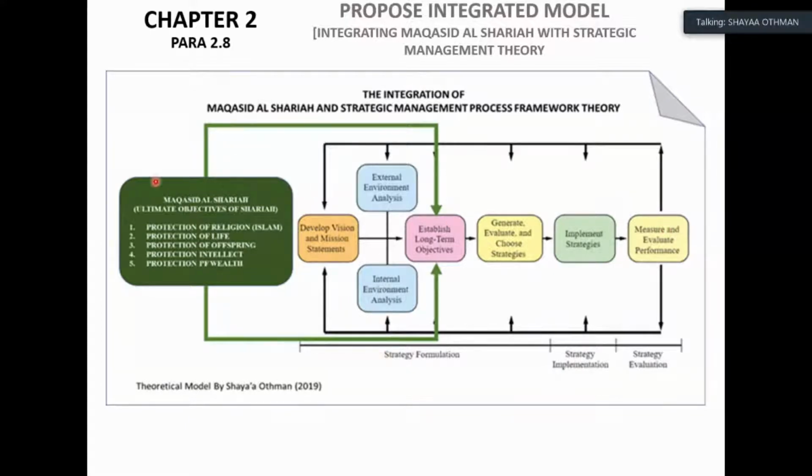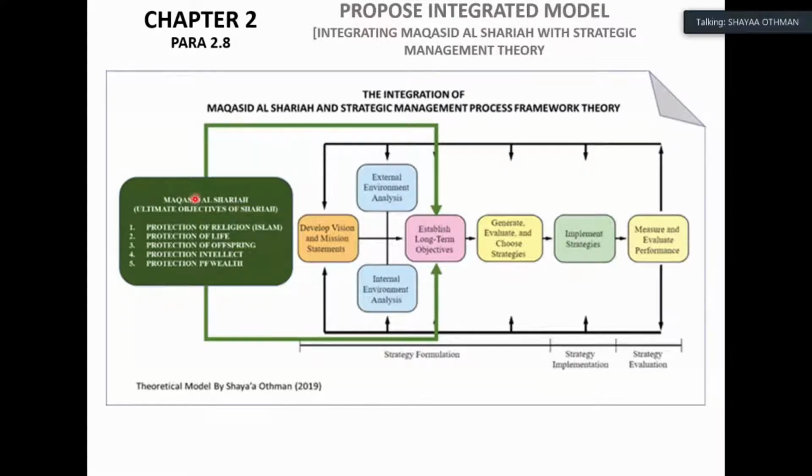In this case, with Maqasid al-Sharia as a corporate strategy, we can come straight to this area without making internal and external analysis, because this is revealed knowledge from Allah. It is derived from the Quran and Sunnah.